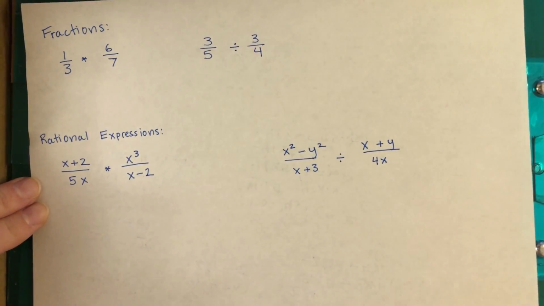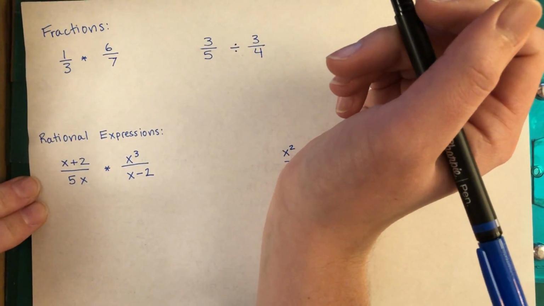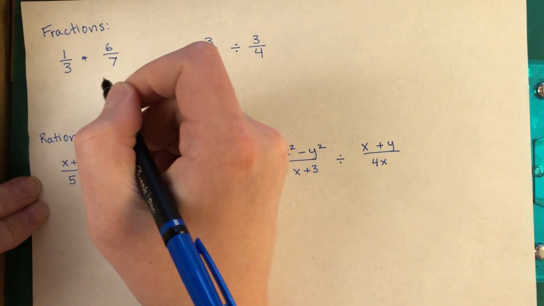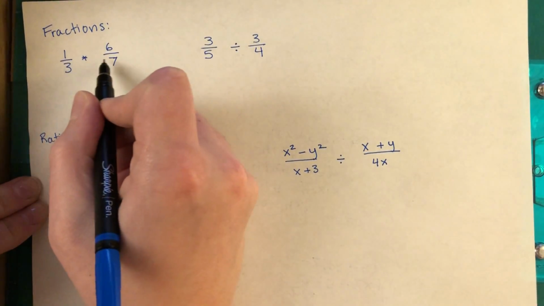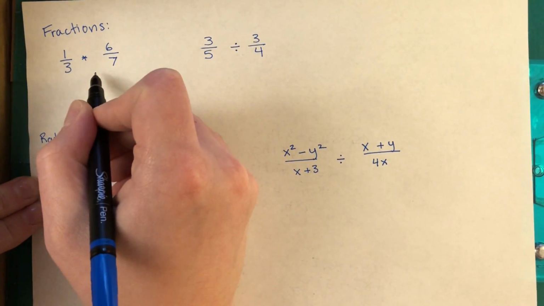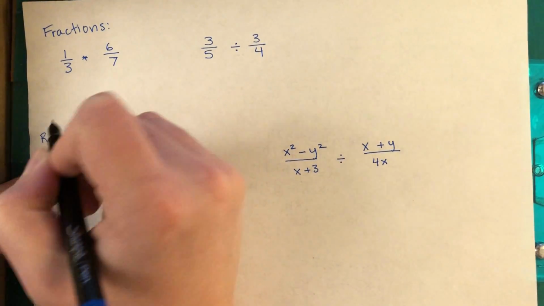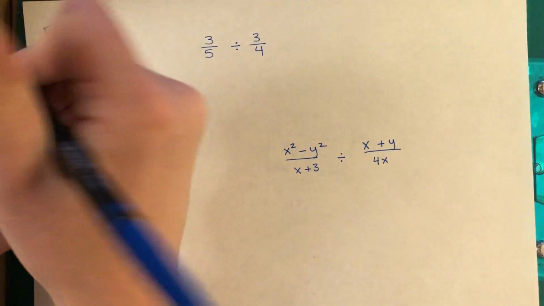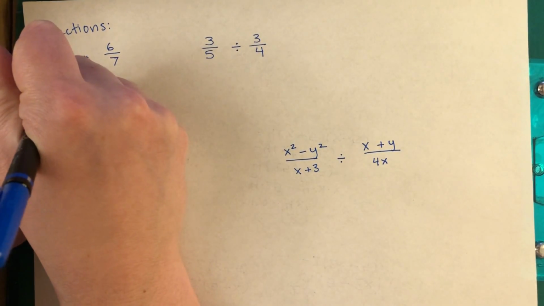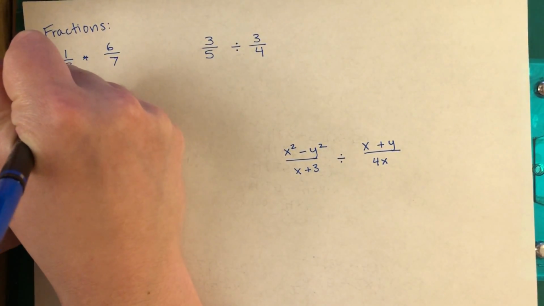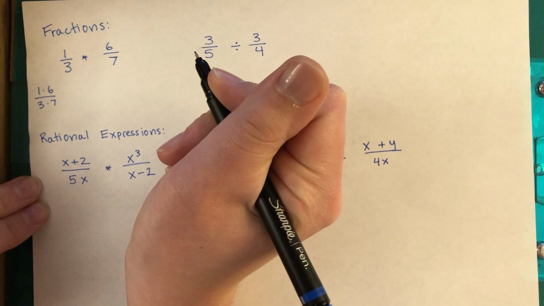So, starting with multiplying fractions. The general rule is that we would just multiply straight across. So if you wanted to just jump into this right away, you could do 1 times 6 over 3 times 7.